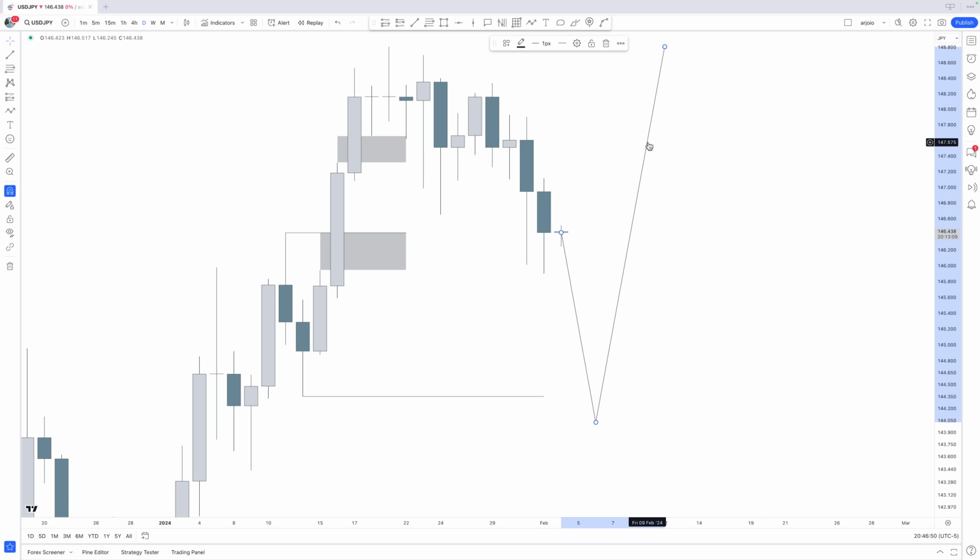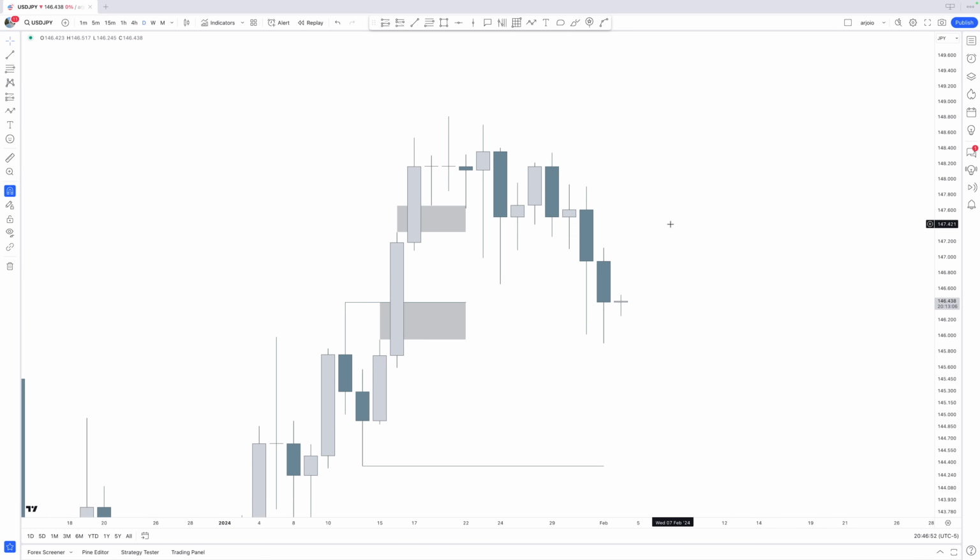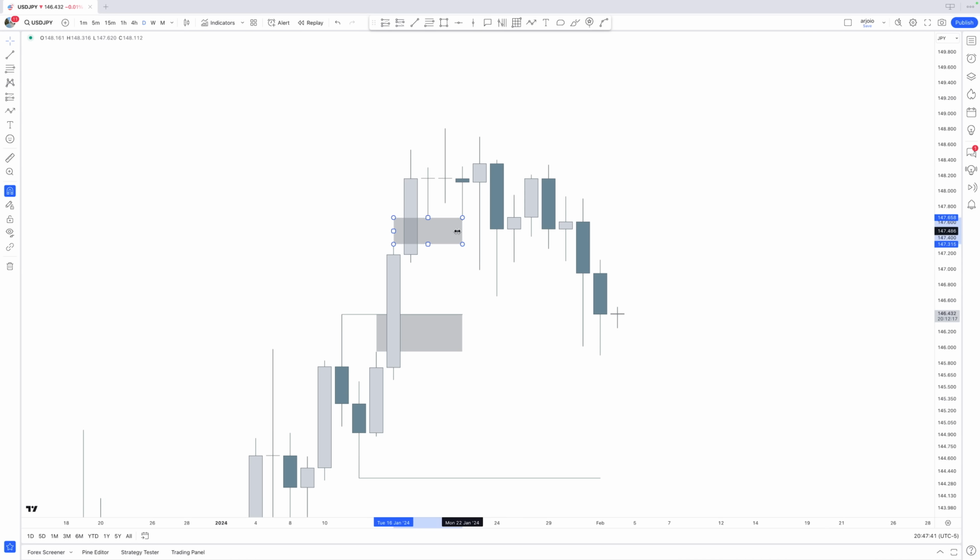Now, knowing just this is not enough, because there are small details that we need to understand as well. For example, there's a mechanical approach to this, meaning if the LLOD does not hold right there and does not get respected, so does not push price higher with a new fair value gap higher, then if price still wants to continue higher after disrespecting the LLOD, it will want to continue higher off of the order block right there, which does not only make the order block a great PD array, a great discount array in this case to trade off of, but also a target, right?